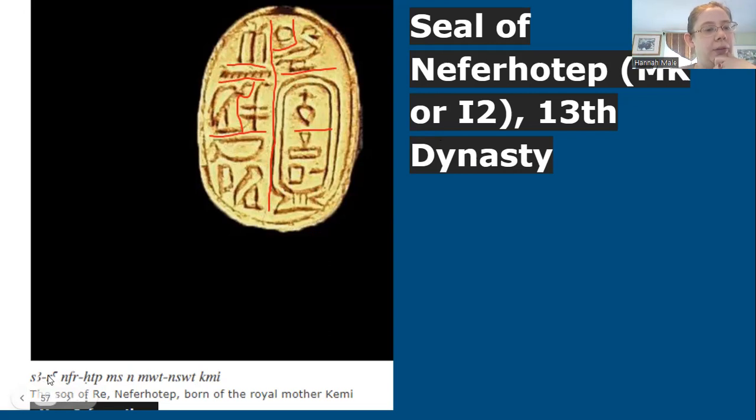So Sa Re is the son, an implied of Re or Ra. So apparently, and this is something that I just recently learned, the pronunciation of that deity changed from the Old Kingdom to the New Kingdom.